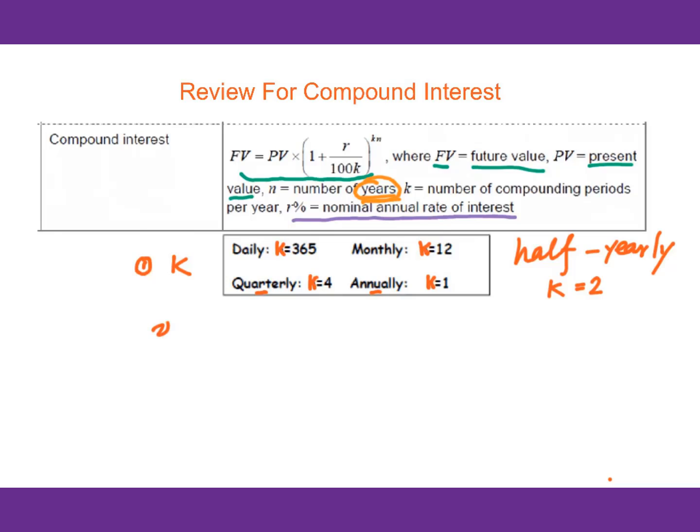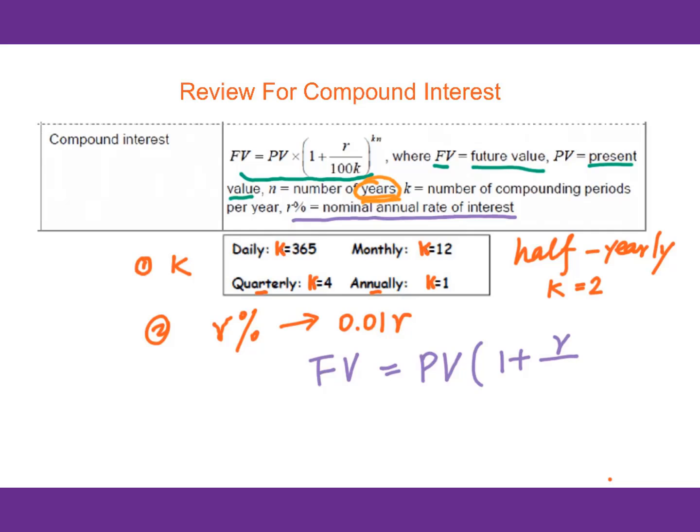The second one you need to pay attention to is R%. You need to change it into 0.01 R, change into decimal. Therefore, you will get the FV equals PV times 1 plus R over K, to the power K times N. This R will be in decimal form.